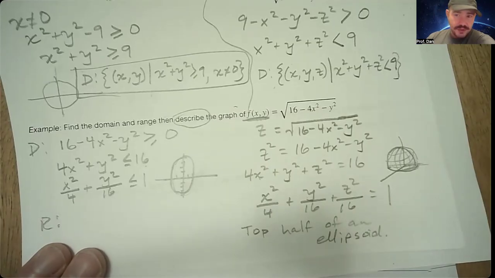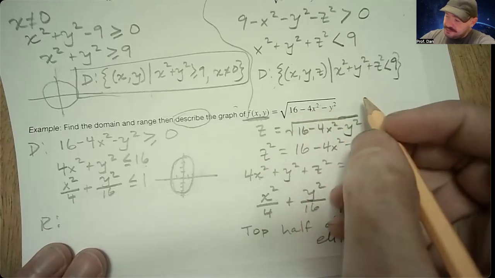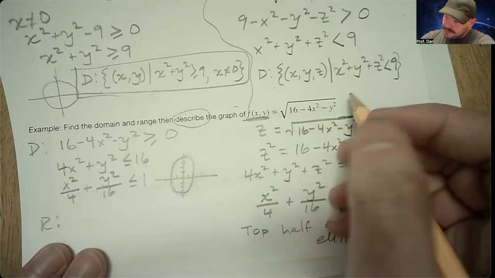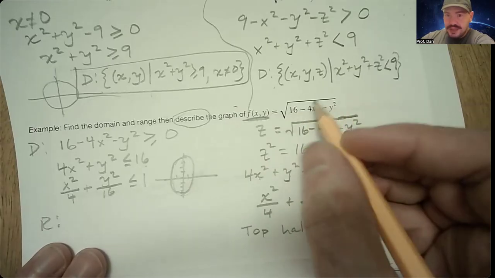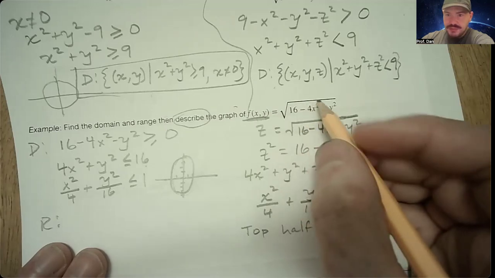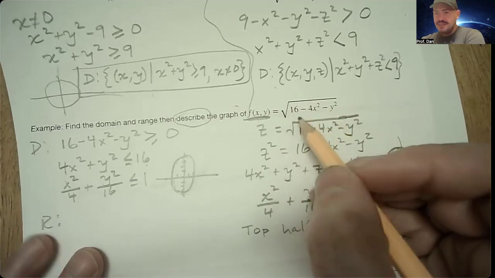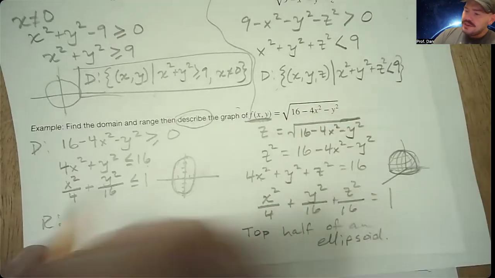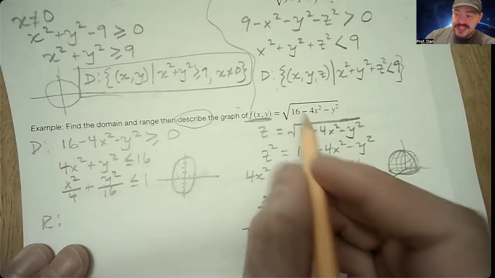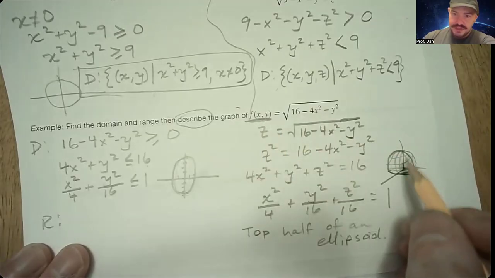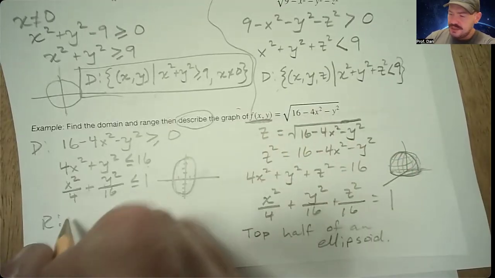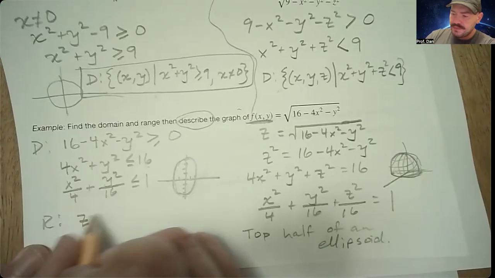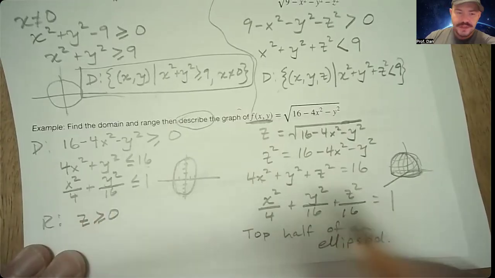So that is a possible output, right? But if I plug in anything other than that, that doesn't make this become imaginary, I'm guaranteed to get a positive value. So all of the possible values of z that I could get are essentially anything greater than or equal to 0.